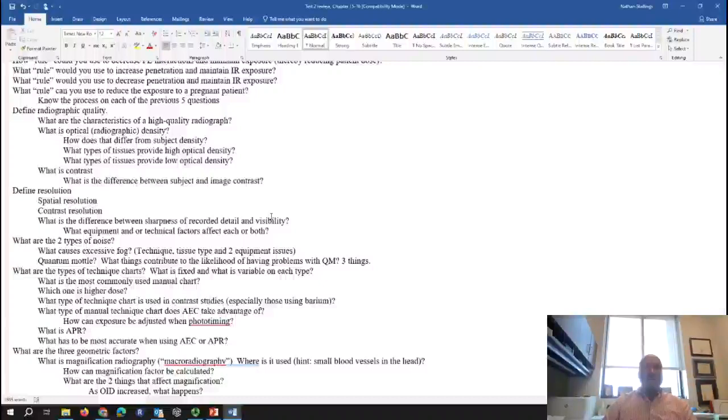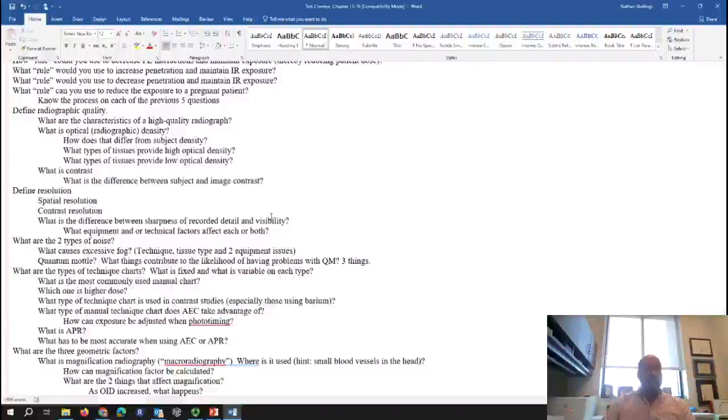So we have two different types of noise. The most common that we see most of the time would be scatter radiation, so fog. And what causes excessive fog are those things that we talked about before. It's our technique.